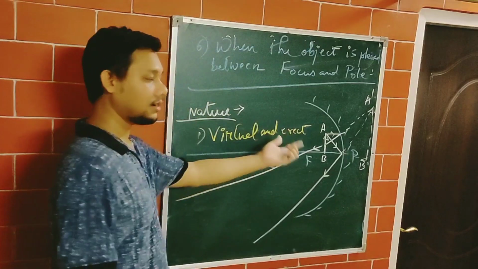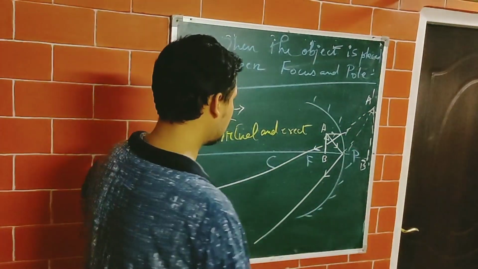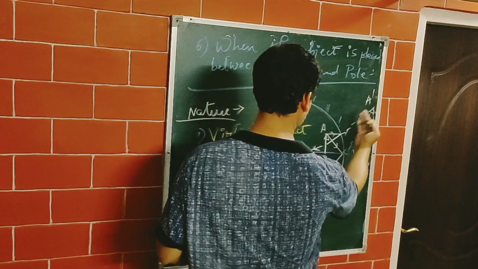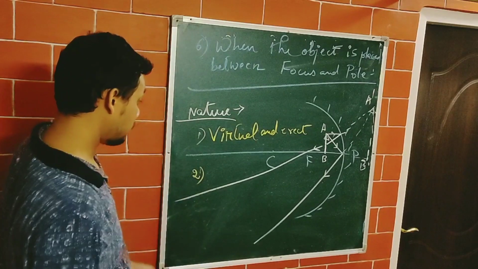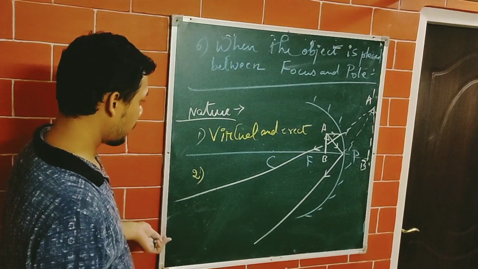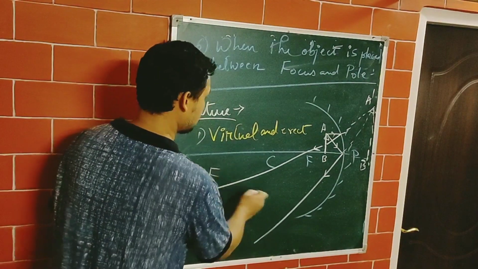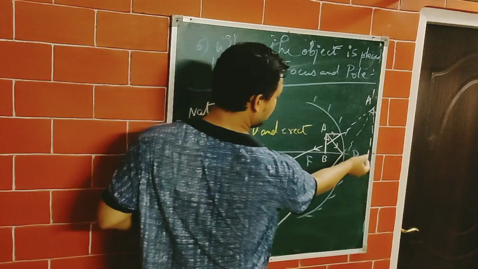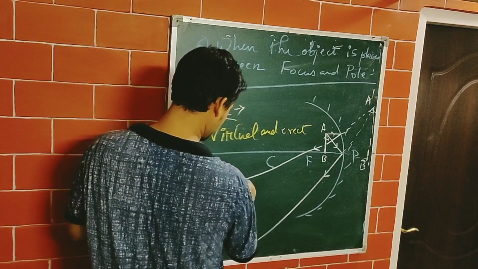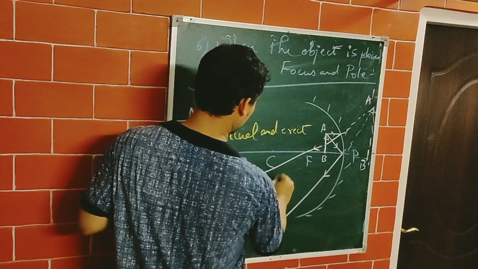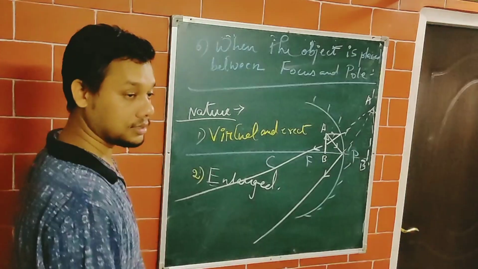Virtual images are generally erect, सीधा. इधर सीधा है तो पीछे भी सीधा ही होगा. So this way, this way. Second point, it is magnified, right? It is enlarged. Object इतना सा, image इतना बड़ा हो गया. So enlarged, ठीक है?